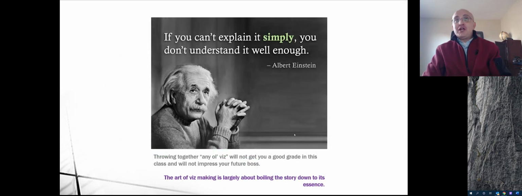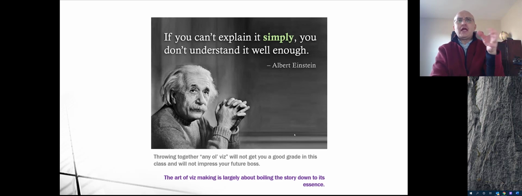Perhaps we could learn from a genius. Einstein once said, if you can't explain it simply, you don't understand it well enough. And I just think that's the essence of visualization. If you can't put it in a visualization where you tell a story in a very simple manner, but yet that story is very rich.